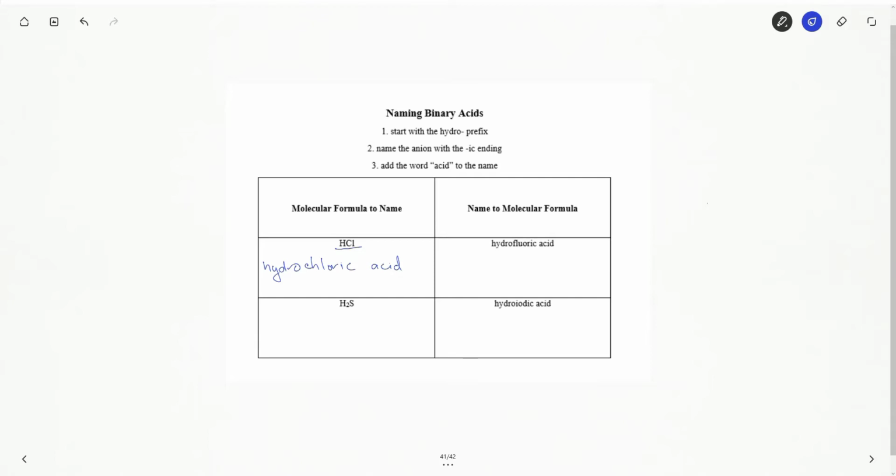Let's take a look at our second example. H2S. Now, this is still a binary acid, even though it actually has 3 atoms, because it does only have 2 types of elements. It's simply hydrogen and sulfur. Therefore, it is a binary acid. So I will start with my hydro prefix.